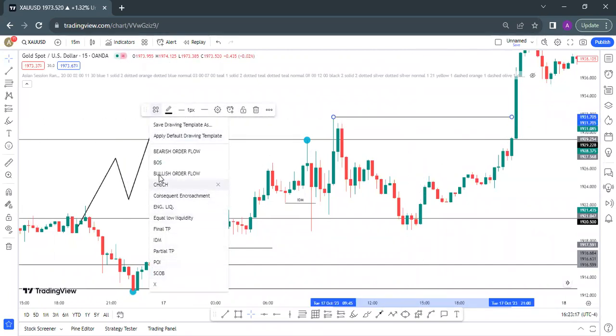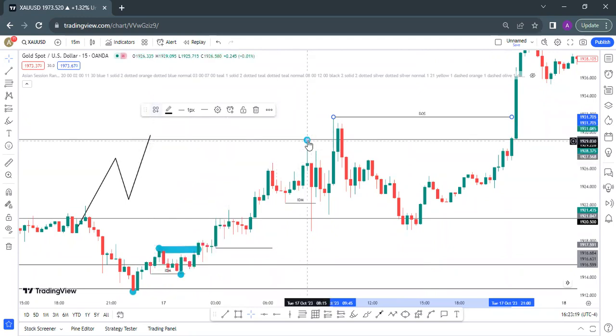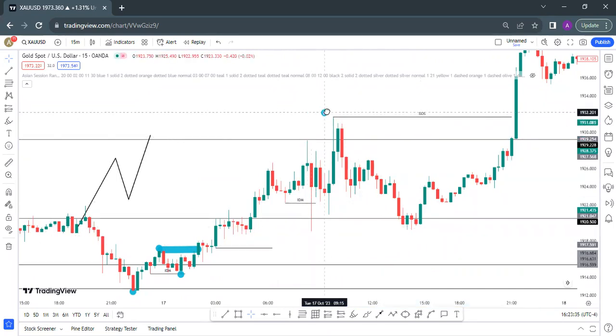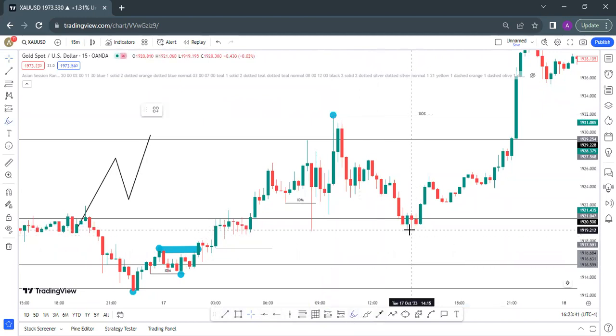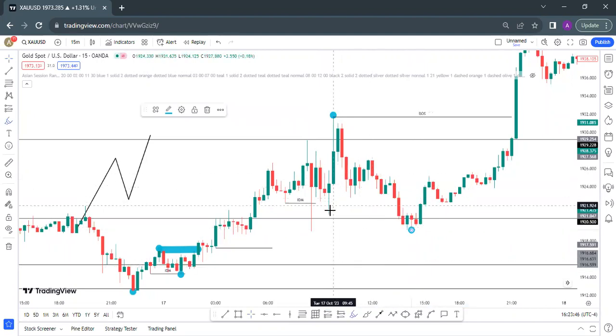When this happens, this is where we talk about shifting the highs and the lows. So shifting the high to this side, and we move the low to this point. So this becomes our main higher high, and then our low will also shift to this side.